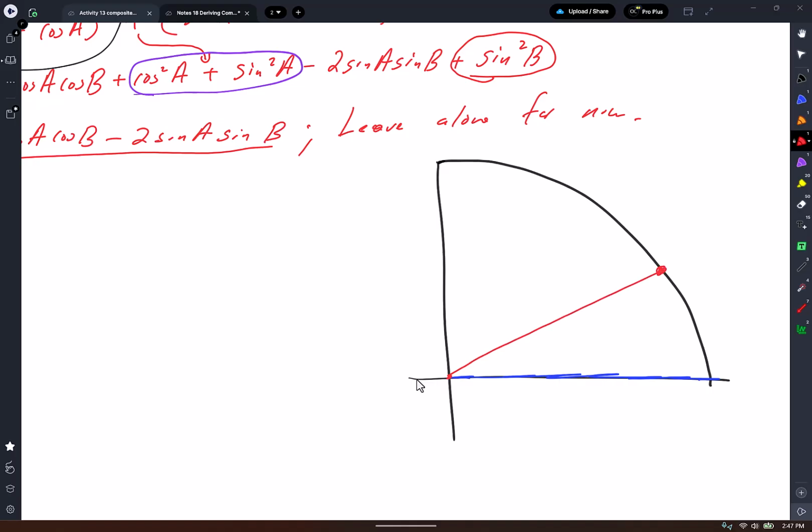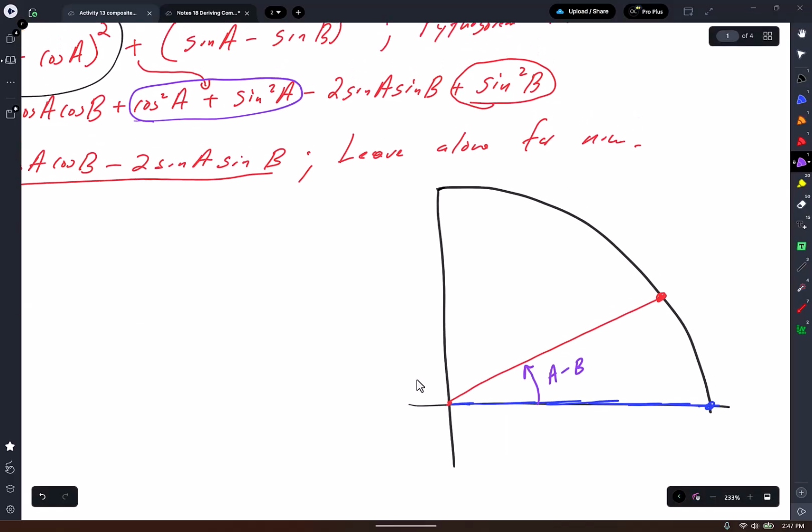So here it is. That's still the red dot. That's still the blue dot. But now I'm just going to call this A minus B, and it's supposed to be the same image as before. Since this is a unit circle, this coordinate down here is just 1, 0.